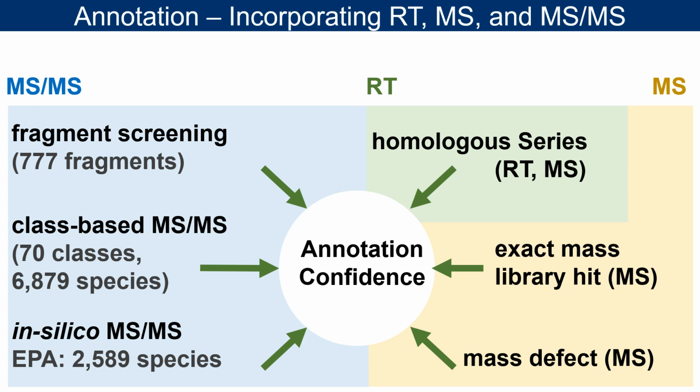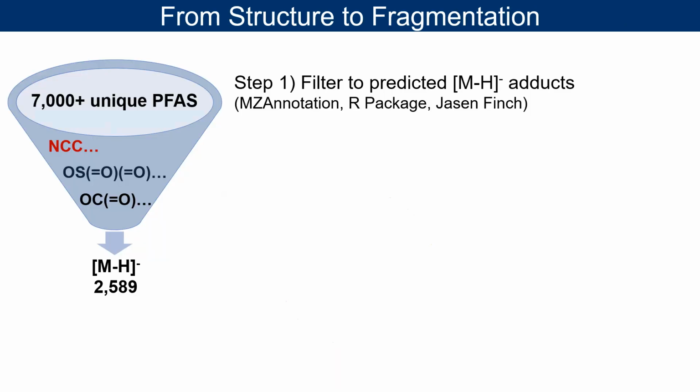In silico MSMS is kind of a hybrid approach where we assign fragments to substructures, and these are tentative annotations. The way that the libraries are generated is first we use MZ annotation, an R package developed by Jason Finch, to filter all of the molecular structures that are provided in the EPA structural database to those that form M-H adducts.